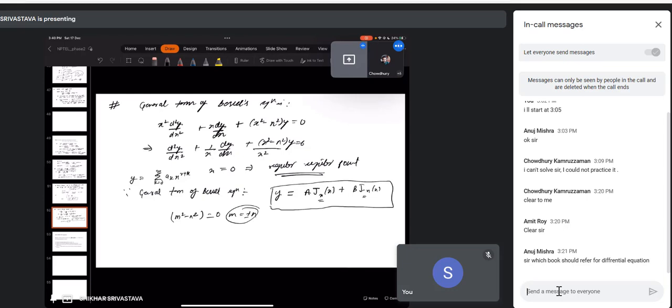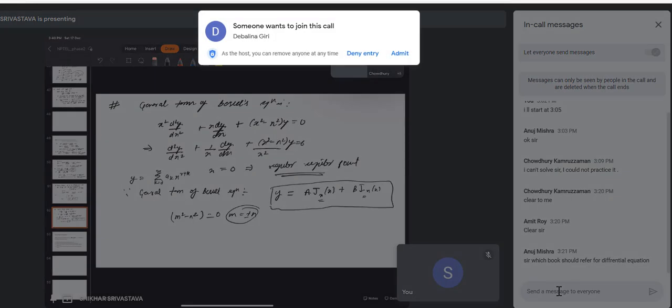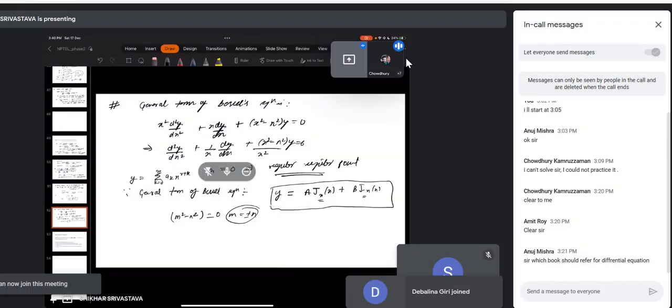So someone has asked which book to see. There are many good books for referring for differential equations. From a general preparation point of view, if you want to go into the basics, something explained in a simple way, you can refer to H.K. Das, Mathematical Physics.